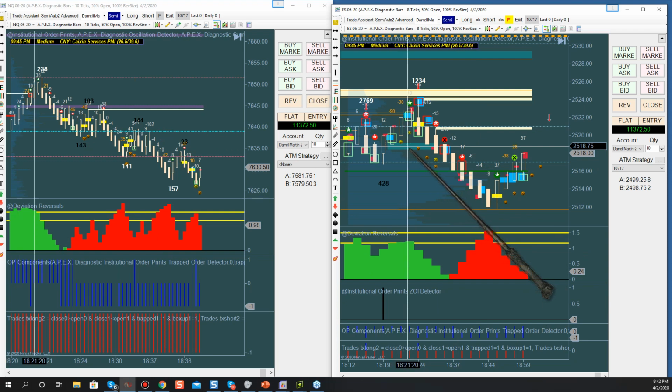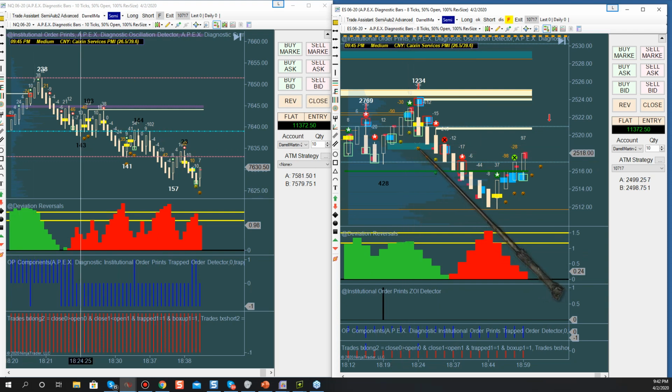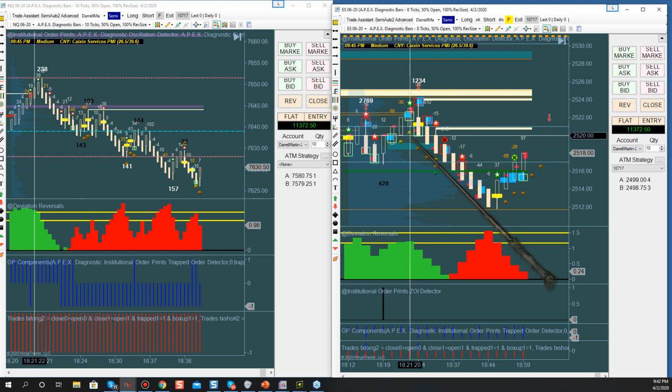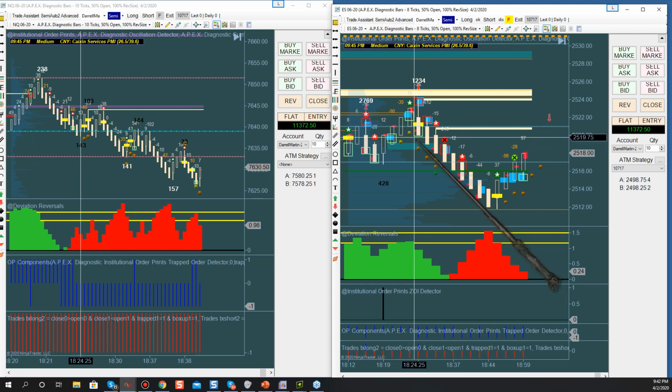So the market was coming down. A little pullback. Where are we at now? On the right side is ES, on the left side is NQ. What do you see on the left side, where I'm at right now?